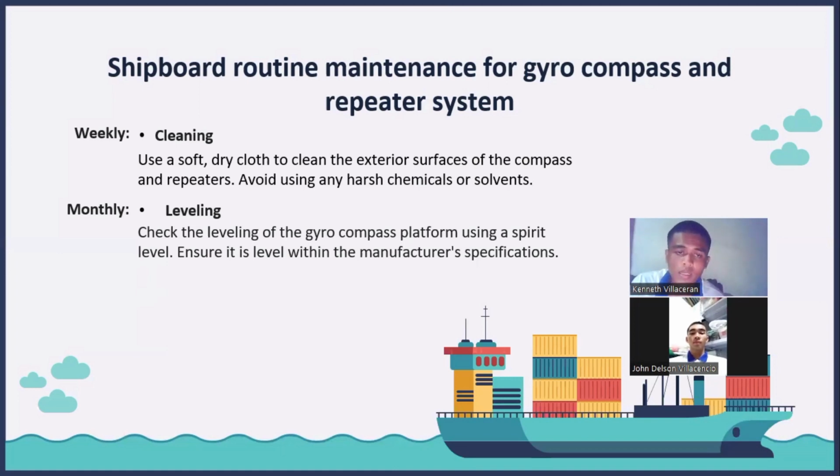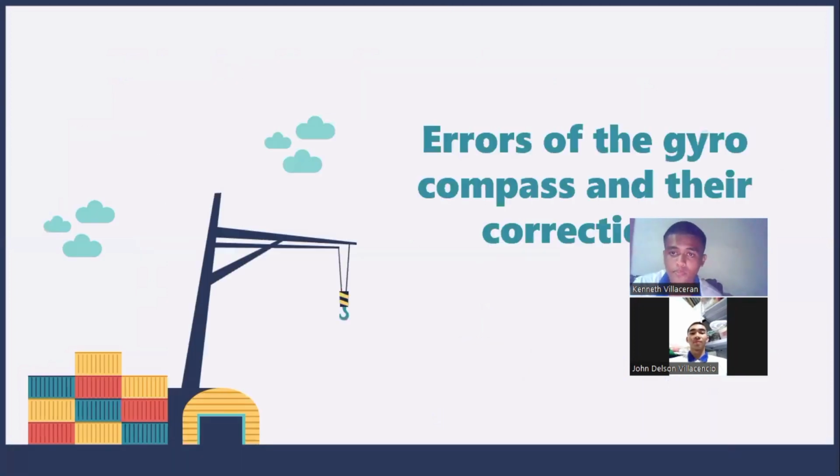Then monthly leveling: check the leveling of the gyro compass platform using a spirit level. Ensure it is level within the manufacturer's specifications.